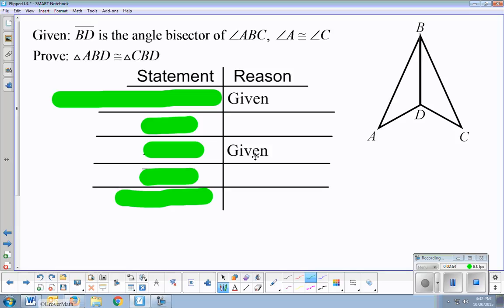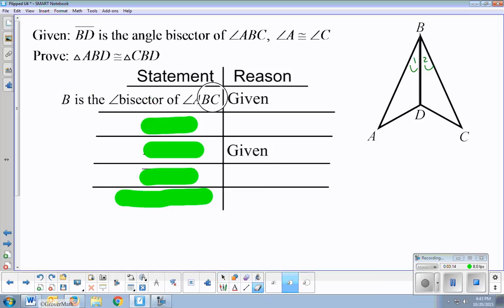Here's a quick little proof that uses angle, angle, side. BD is the angle bisector of angle ABC. So angle ABC here is being bisected by BD, and when an angle is bisected, it's cut in half. So these two angles, I'm going to call them angle 1 and angle 2, are going to be congruent to each other.